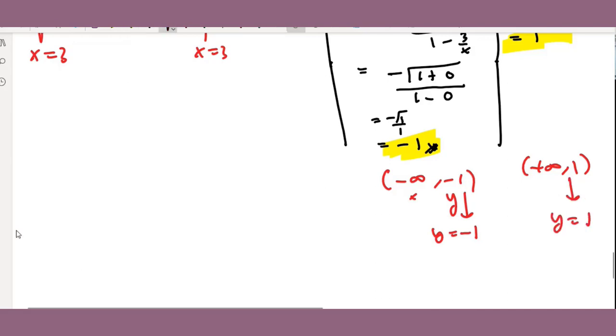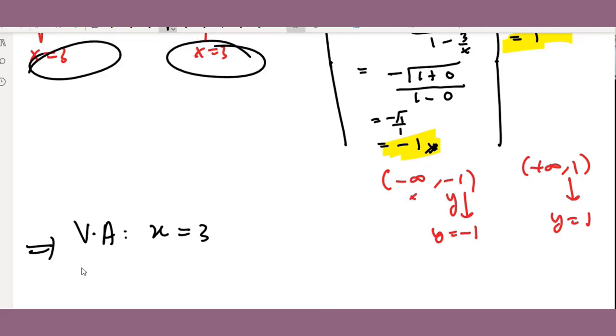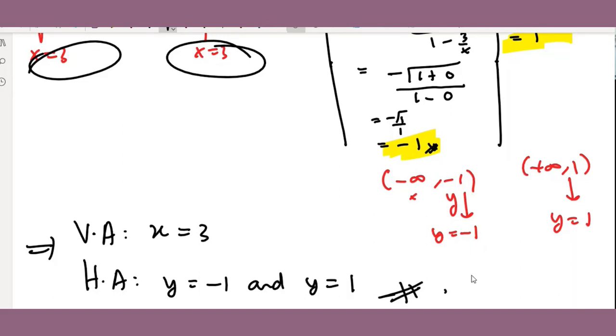Therefore, the conclusion: the vertical asymptote is x equal to 3. This is the vertical asymptote. Horizontal asymptote: you have two horizontal asymptotes, y equal to negative 1 and y equal to 1. So settled for number 12D.